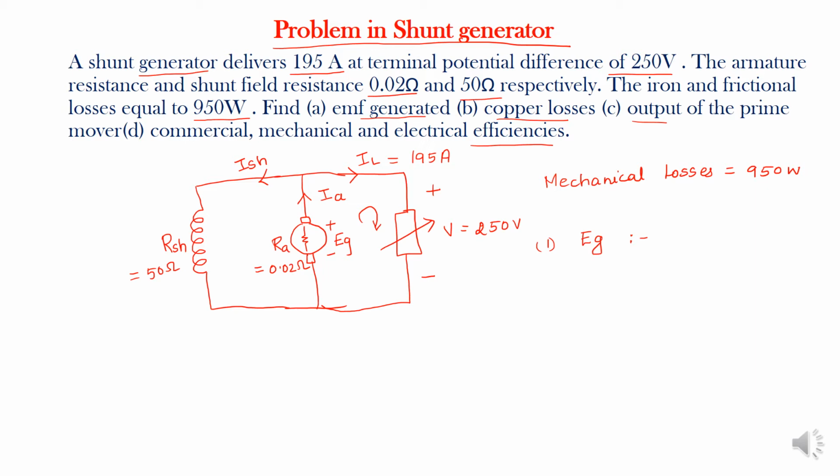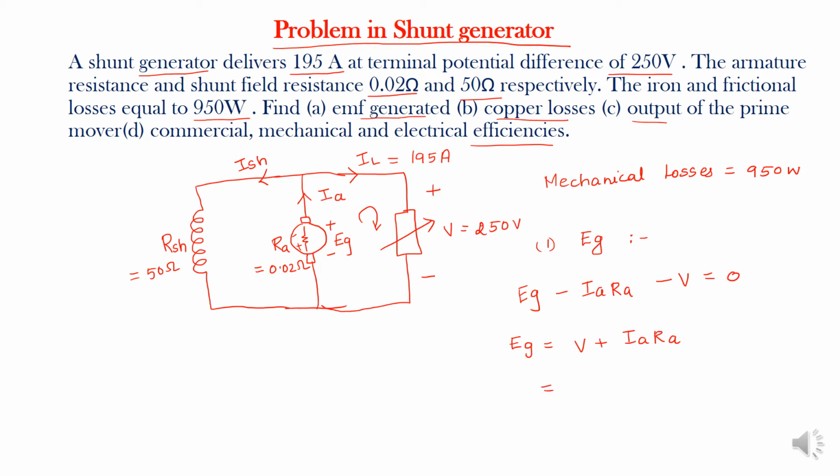EG is the rise in potential, and across RA the current is flowing, so there is a voltage drop IA into RA. EG minus IA RA minus V is equal to 0. So what is the value of EG now? EG equal to V plus IA into RA. So that is the equation.